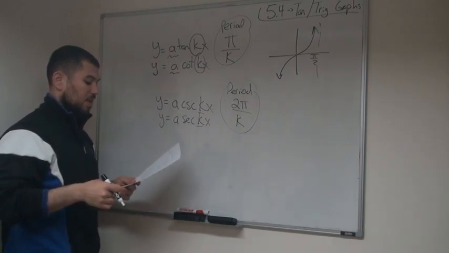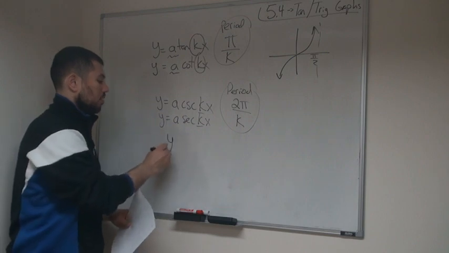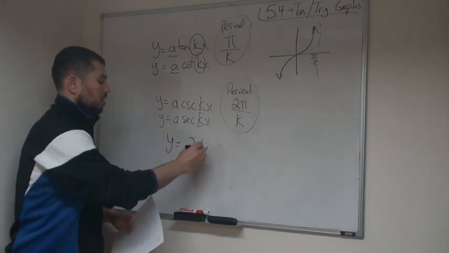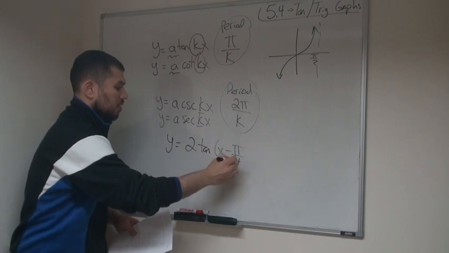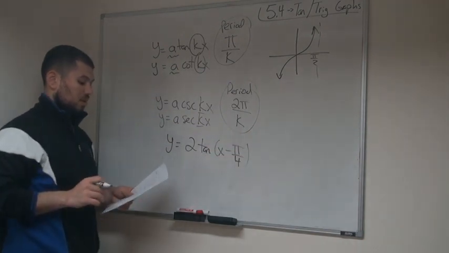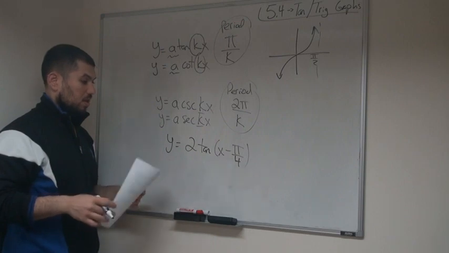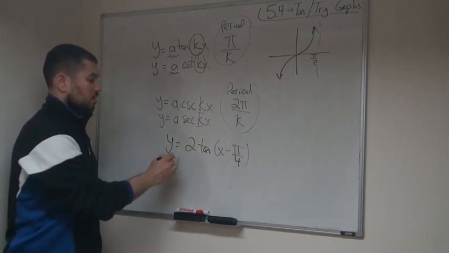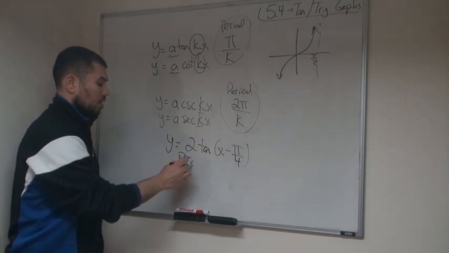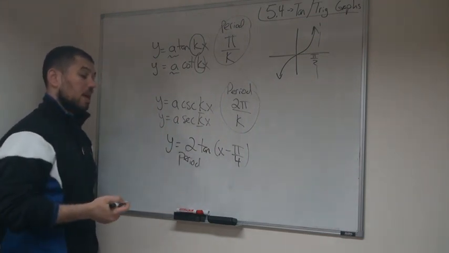Now I have an example, y equals 2 tan of x minus pi over 4. Here, I can't really say what the amplitude of the graph is. You can say 2 or absolute value of 2.